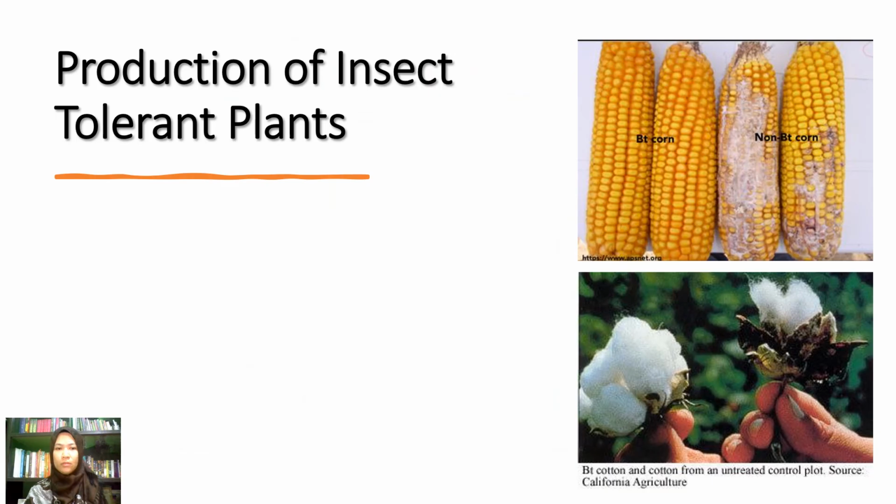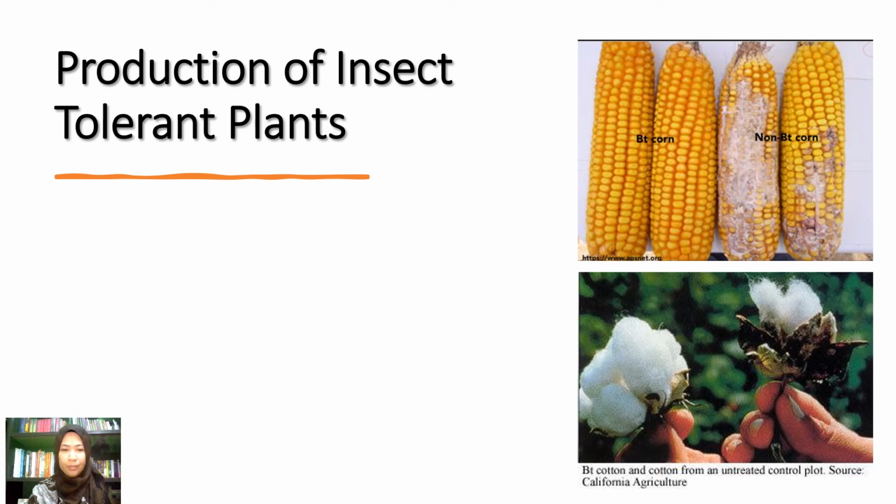Okay students, now look at the production of insect-tolerant plants. Okay, we learned earlier about Bt corn. Corn inserted with the Bacillus thuringiensis gene so that the pest that eats the corn will die. So now Bt cotton.